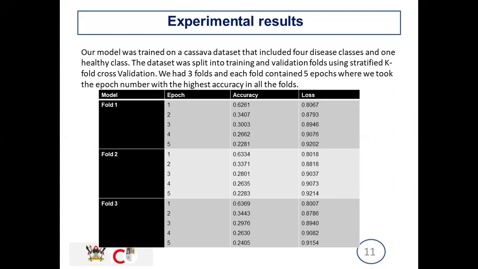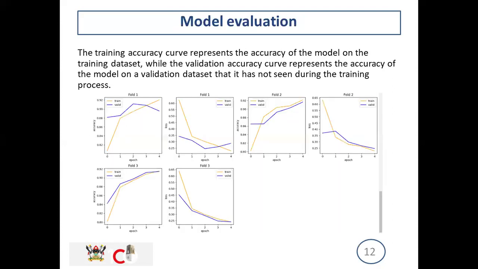We considered the best accuracy out of all the epochs in the 3 folds. If you look at the accuracy we had throughout, the best accuracy was 92.14%. So that was our accuracy, and it's the one we took.